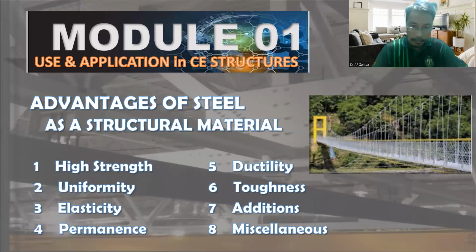So number 6, toughness. Toughness is another important characteristic, which is again advantageous to steel as a construction material. So it is tough.